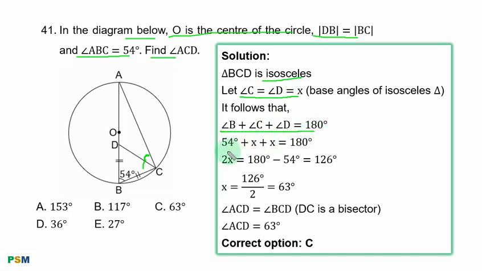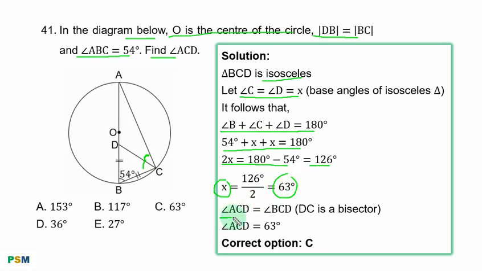180 degrees. You have it in this form, and that is 2S equal to 180 degrees minus 54 degrees, and that is 126 degrees. To get S, divide both sides by 2, and S becomes 63 degrees.